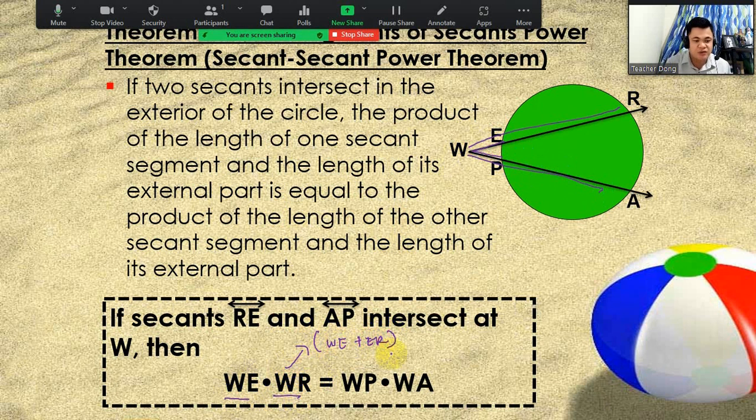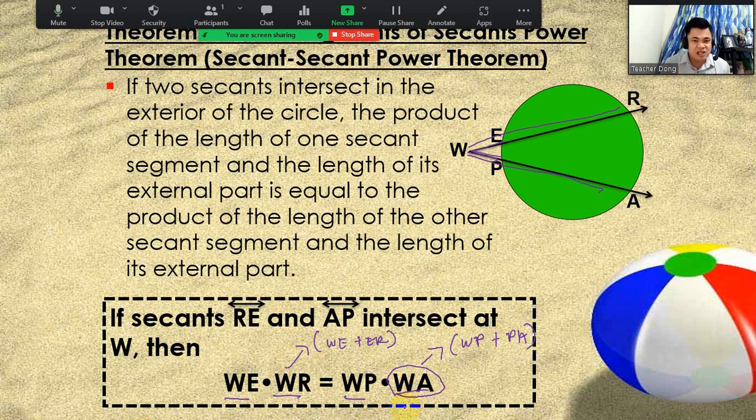So take note of that. And then WP, the portion, times the whole WA. Okay, and WA is the sum of WP plus PA. Okay? So this one is the sum of the two segments of the secant.